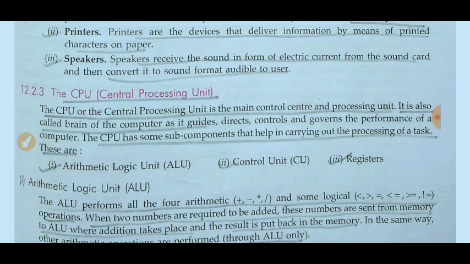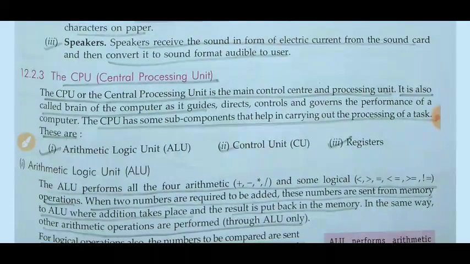That's why we are using CPU. CPU has some subcomponents that help in carrying out processing of a task. Just like, I'm asking a question: where is the CPU located in your computer?